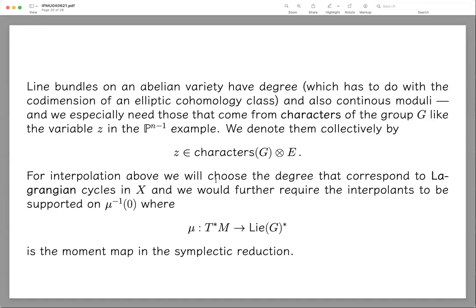When we take projective space, that was a quotient by GL1, and the line bundles on that quotient come from representations of GL1. Similarly, if I have a one-dimensional representation of the group G, then that will give me line bundles on the quotient. And so my variable Z will in fact be in characters of G tensor elliptic curve. That's the parameter by which the line bundles that I want to interpolate are parameterized.